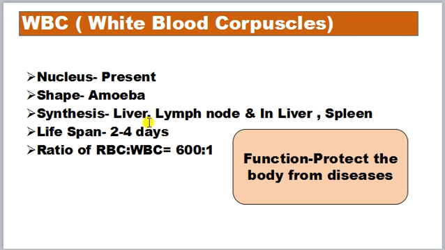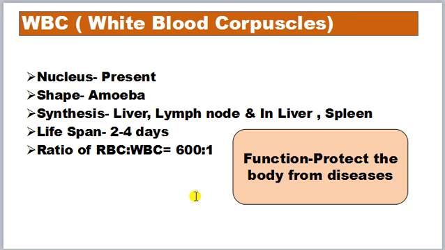Now its synthesis takes place in the liver, lymph node, and sometimes in the spleen. And if we talk about its lifespan, it is around 2 to 4 days. If we talk about the ratio of RBC versus WBC, then RBC is 600 and WBC is 1. So WBC is present in a very small amount.